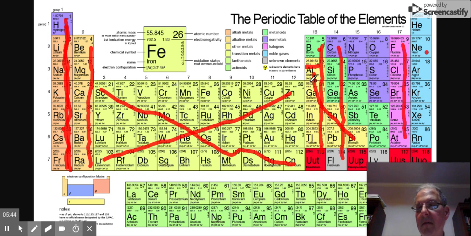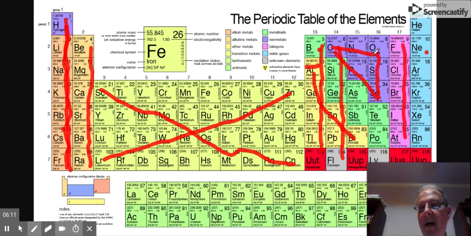They're mostly metals, but they're starting to exhibit some qualities that make them not quite as good conductors or thermal conductors as these transition metals are. This here in blue are your nonmetals. That little triangle, those are your nonmetals.